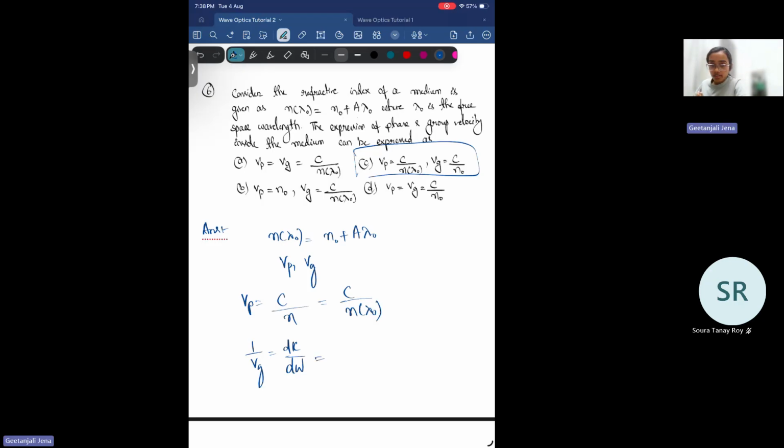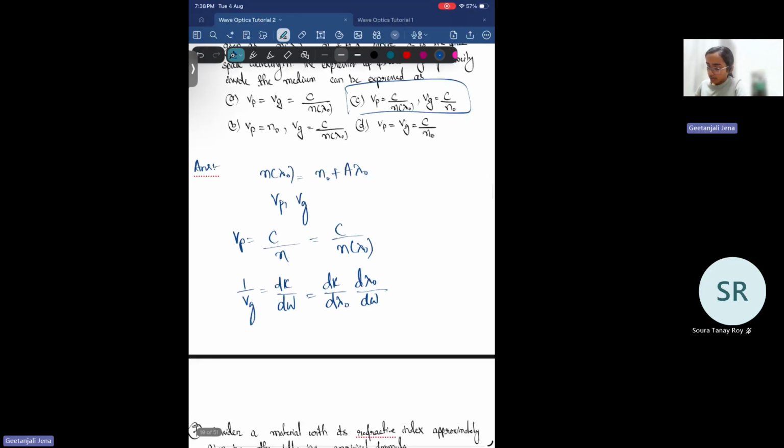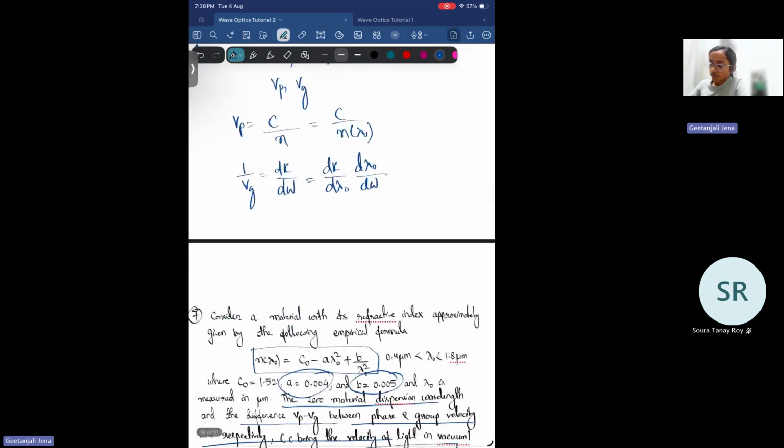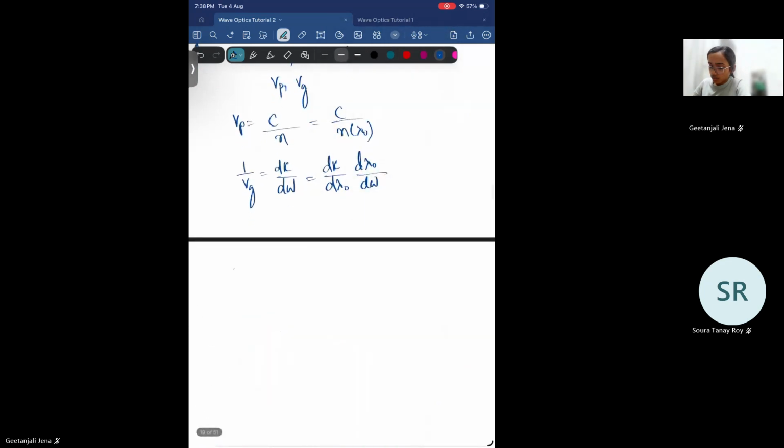This we need to express in terms of lambda so that we can take the derivative. And from that, we can use k is 2 pi n over lambda 0. That means dk by d lambda 0 is 2 pi.